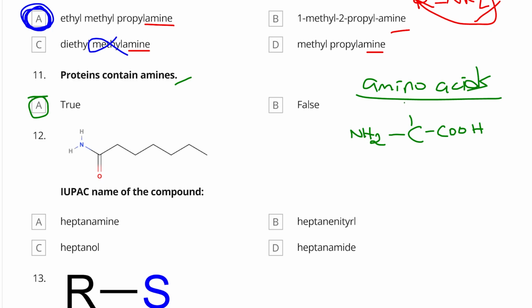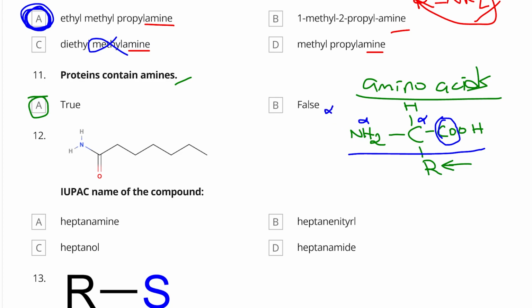The third sigma bond is with hydrogen, and the fourth one is to the R group. The R groups create the diversity of amino acids, but this pattern is the same. This is the carbonyl group here, and the carbon attached to the carbonyl carbon is called the alpha carbon. Thus, the amino group is the alpha amino group because it is attached to the alpha carbon.